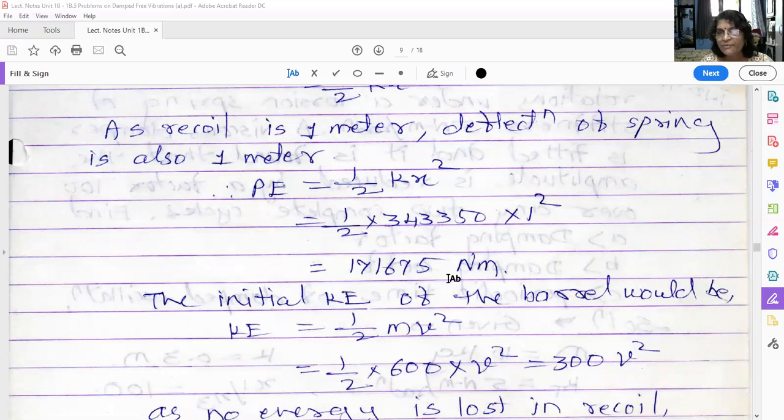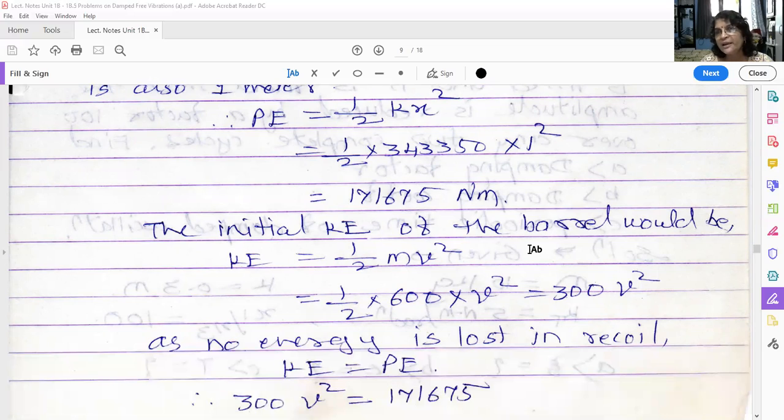171675 Newton meter. Now kinetic energy, what is the initial kinetic energy of the barrel? It would be 1/2 m v square, that is m x dot square. So 1/2 m is given 600, and v is unknown, which we want to find out. So kinetic energy is equal to 300 v square.